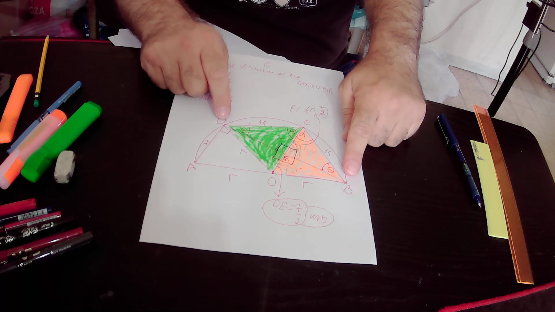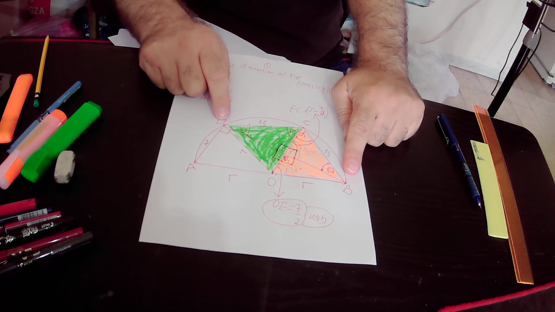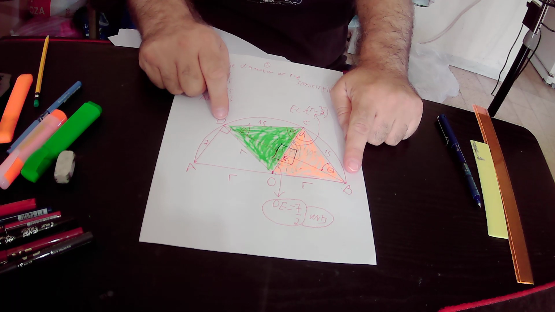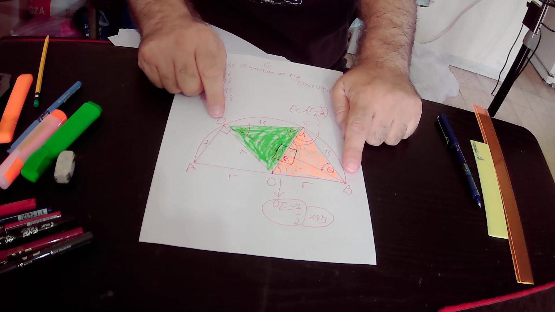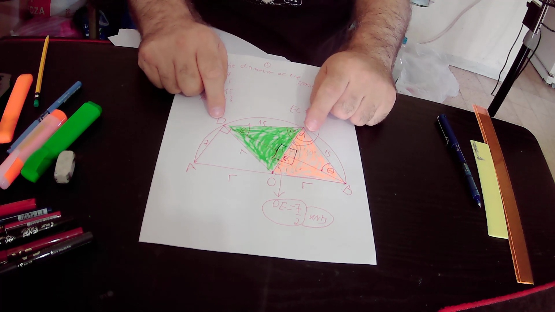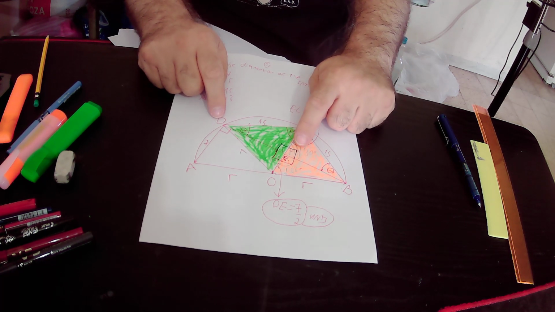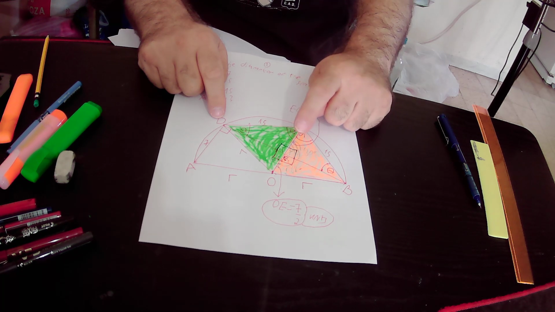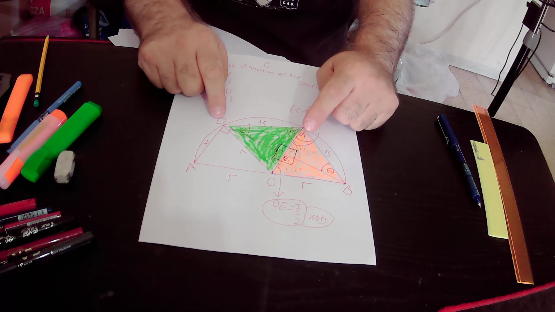We know that chord DB is a straight line because we built it like this. We connected points D and B by a straight line, therefore chord DB is a straight line. Along a straight line, if we focus only on one side, the upper side, and at point E, the sum of the angles along a straight line at one side and at a certain point must be equal to 180 degrees.